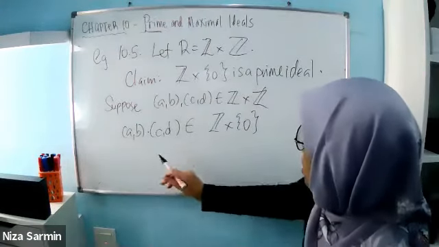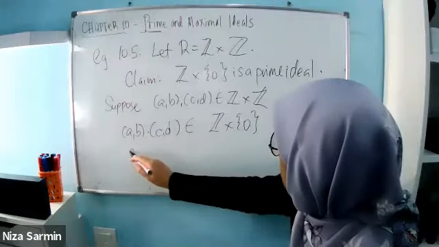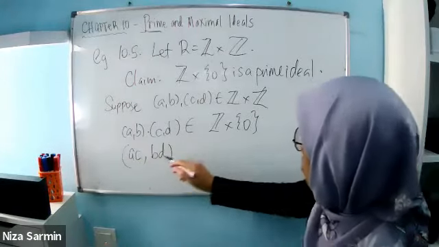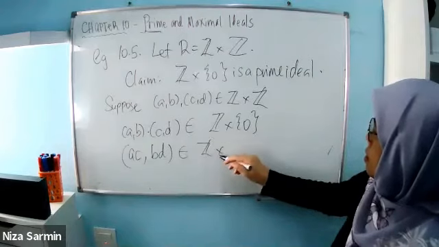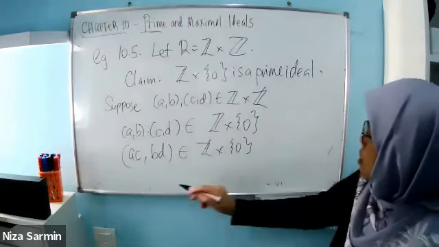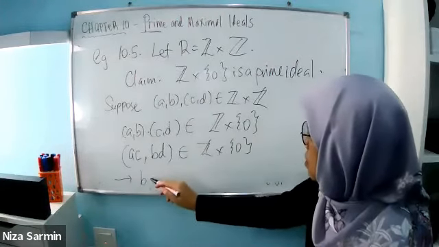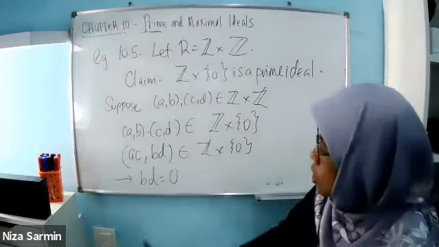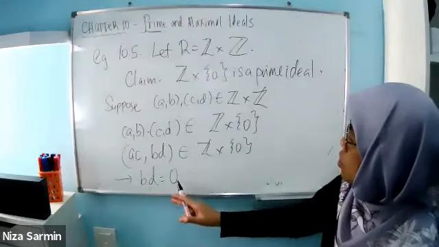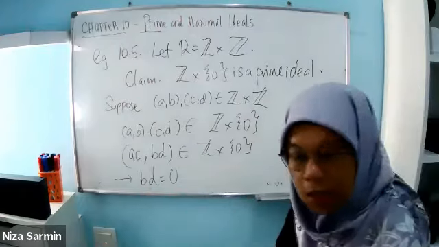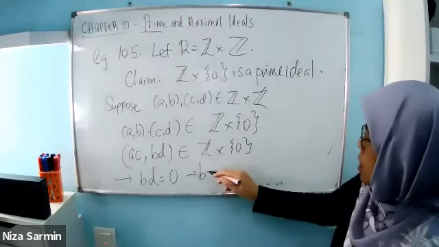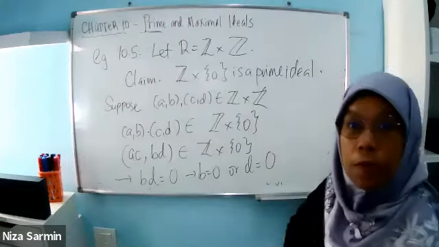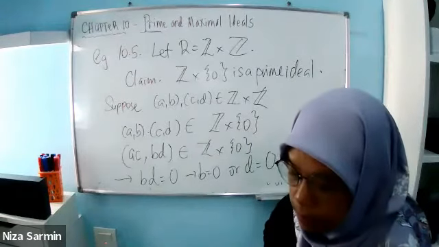Now when you multiply, you will have AC, BD inside here. So this gives BD has to be 0. So if B times D is 0, they are all integers. This means B is 0 or D is 0, right?